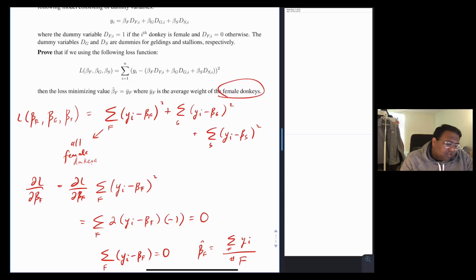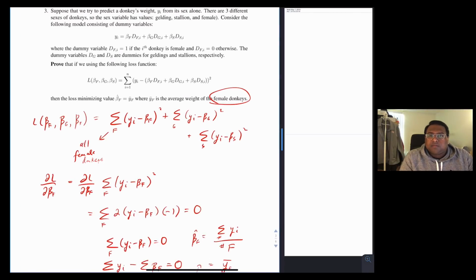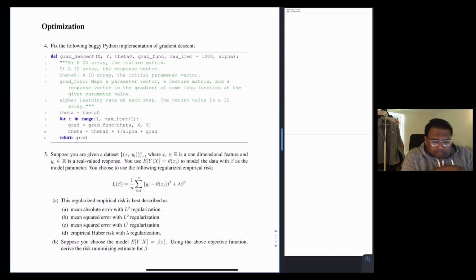And you could do the same thing to show that the loss minimizing values for beta G and beta S are the corresponding average weights of gelding donkeys and stallion donkeys. But that's number 3. Okay, now moving on to the optimization portion of the worksheet. So in number 4, we're given a Python implementation of gradient descent, but we're told there's something wrong with it.